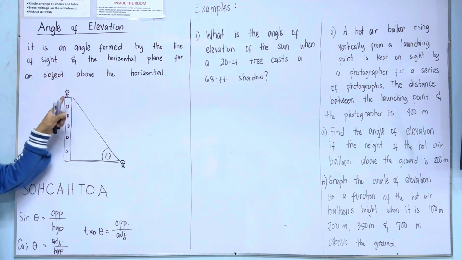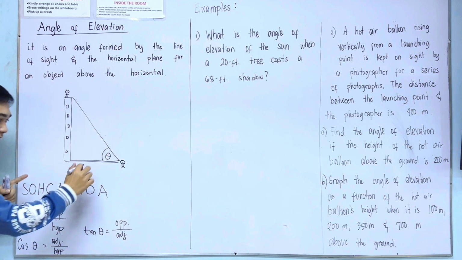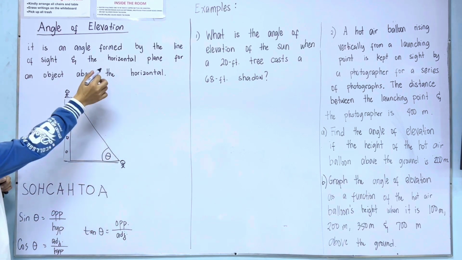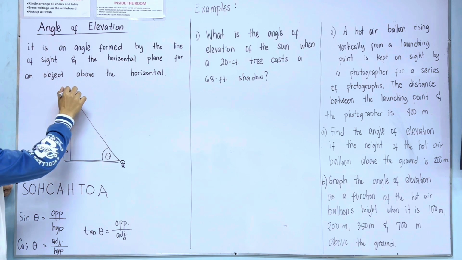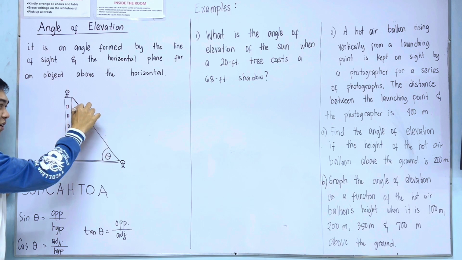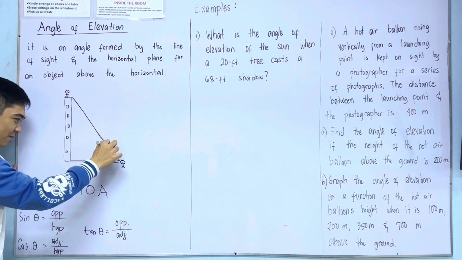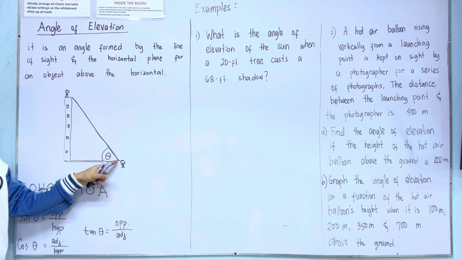Okay. Ito na ngayon yung tinatawag natin line of sight. Tapos, yung horizontal line natin ay, let's say, ito yung object natin si Ken going to Frankie. Let's say, tinititigan ni Ken si Frankie.